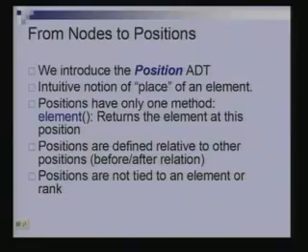Position is an abstract data type which intuitively captures the place where a certain element is stored in your data structure. There is only one method associated with this position, and that is the method element.